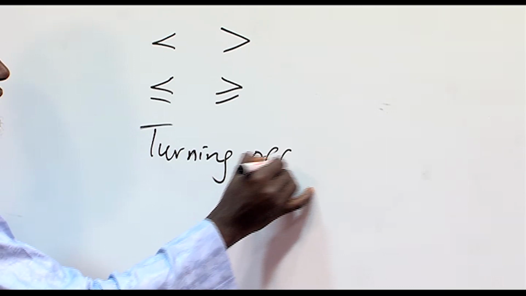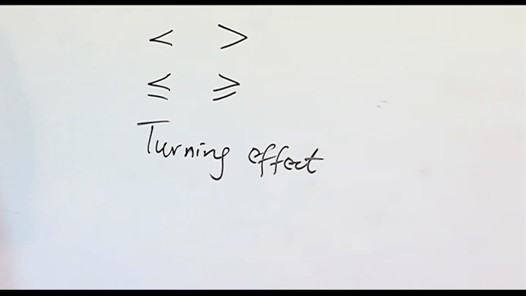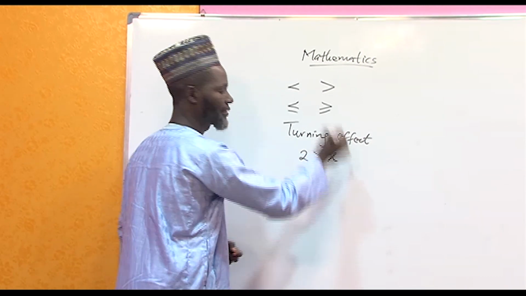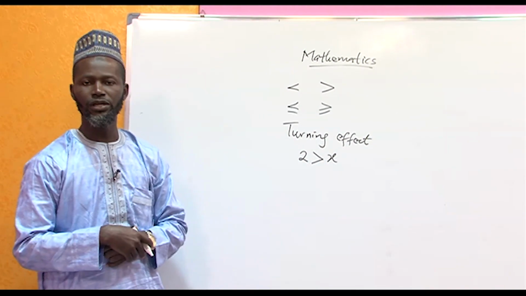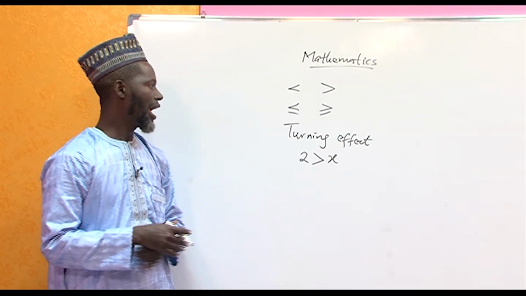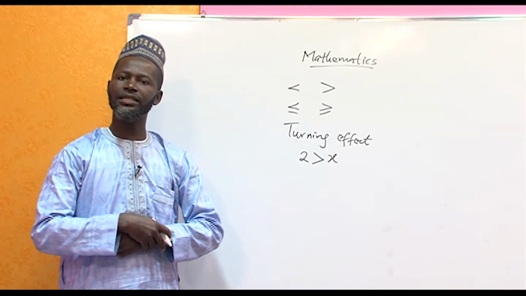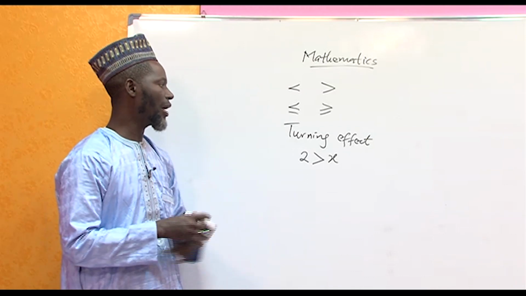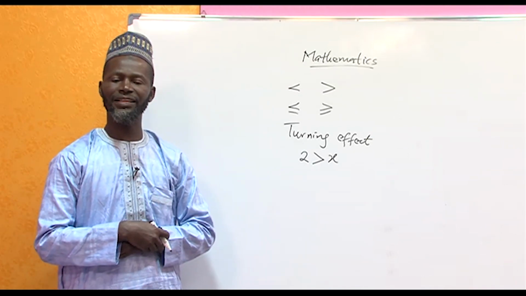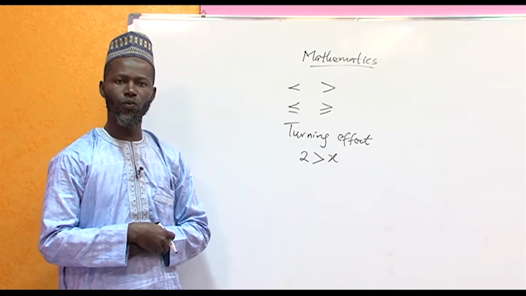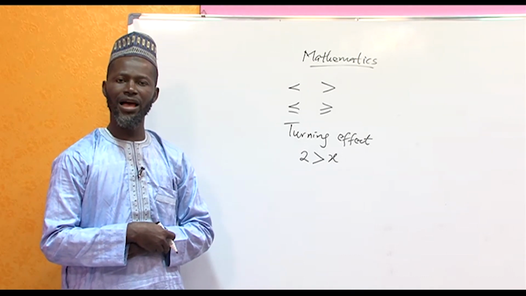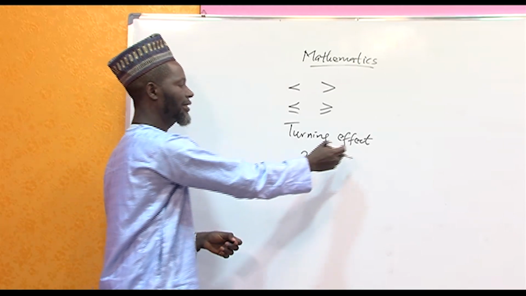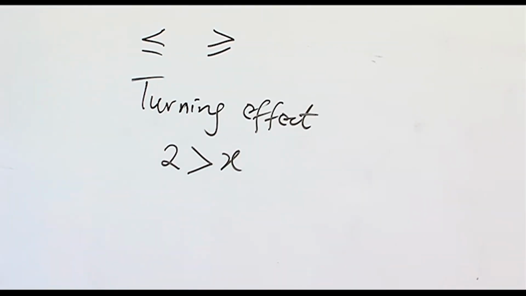Turning event simply means if you have 2 greater than x, and we want to write this in the normal mathematical standard by letting our unknown be at the left hand side, because we have two sides, left hand side and right hand side.